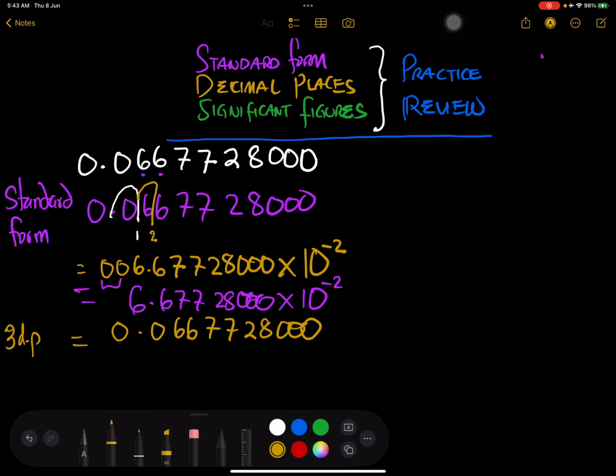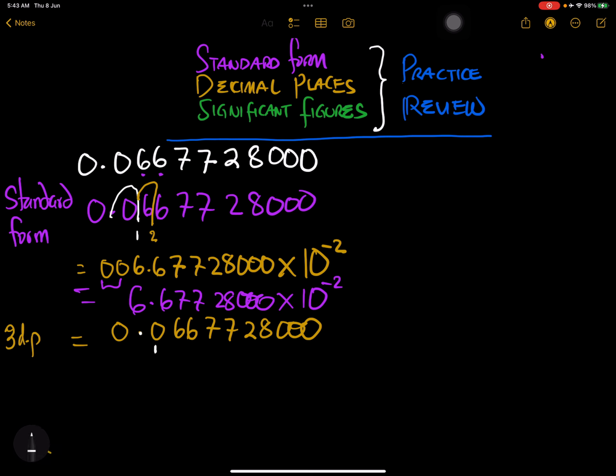Remember, the first decimal place is right after the decimal point. So this is the first decimal place, second decimal place, and this is the third, and we drop a line. Is the next digit, 7, greater than or equal to 5? Yes, so we add 1 to the 6. That's going to be 0.067, and that's 3 decimal places.